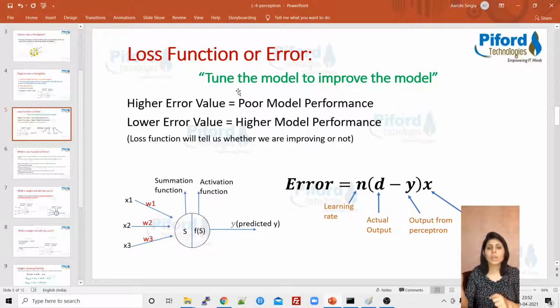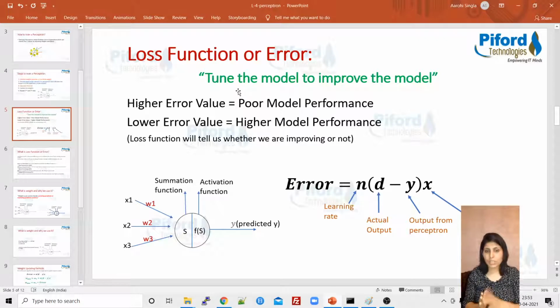On the basis of the loss function we change the value of the weights and then perform the training again. This is how we tune our network, and by tuning our network we can improve its results.